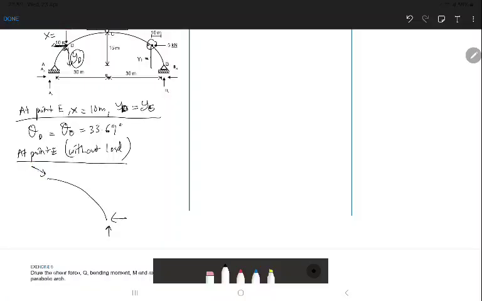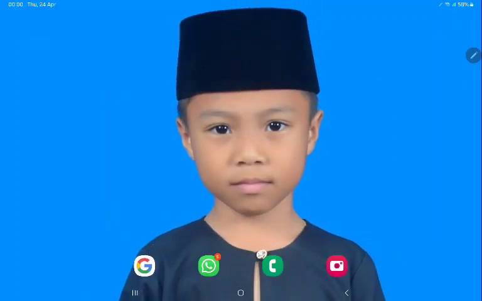So you have n here and q in this direction. Okay, it should be like this. If you cut here, if you cut from the left hand side, q in this direction. If you cut from the right hand side, so q in this direction, shear force.